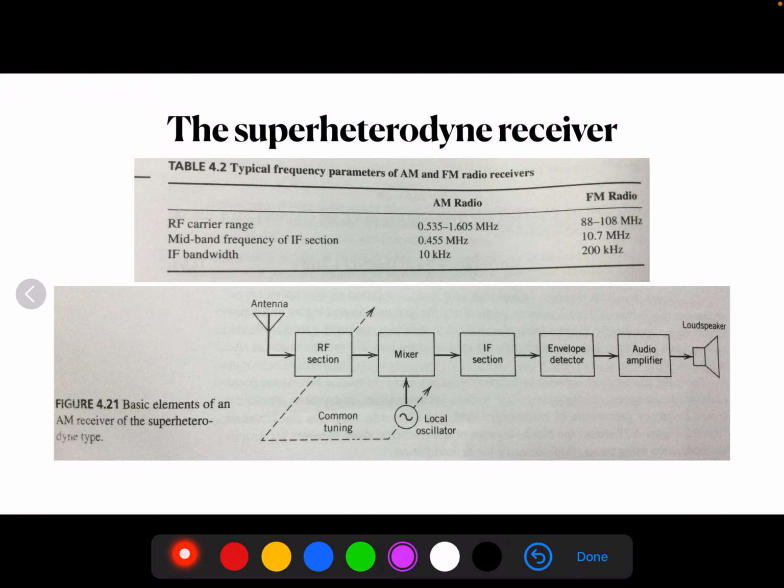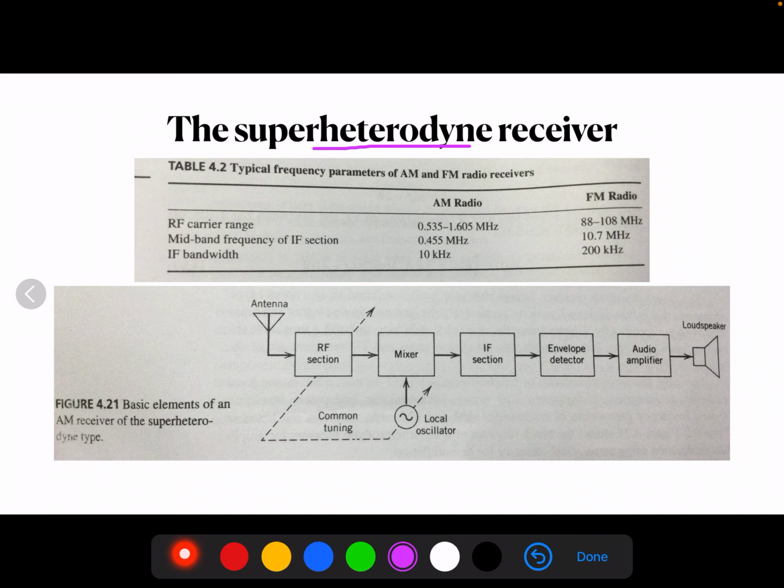The process of mixing two signals having different frequencies to produce a new frequency, we call heterodyning. The superheterodyne receiver is used to fulfill all three functions: carrier tuning, filtering and amplification.